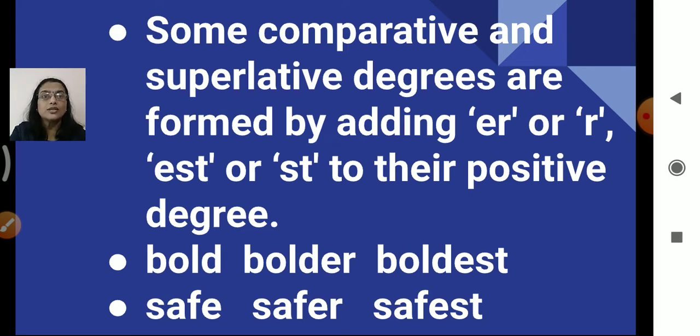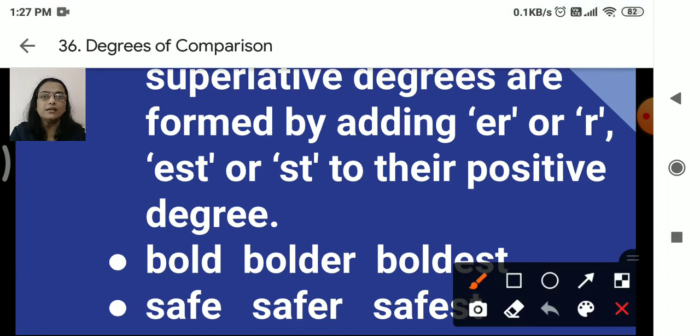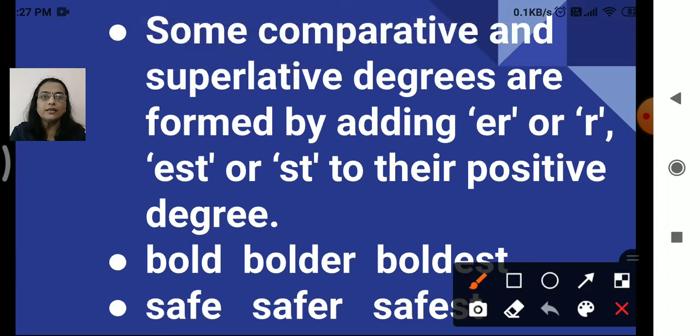So some comparative and superlative degrees are formed by adding er or r, est or st to their positive degree. What does it mean? You can see here, bold is the word. What we have done here is add er, and in the other one, est is added. In the second word, safe, only r is added, and est is added.